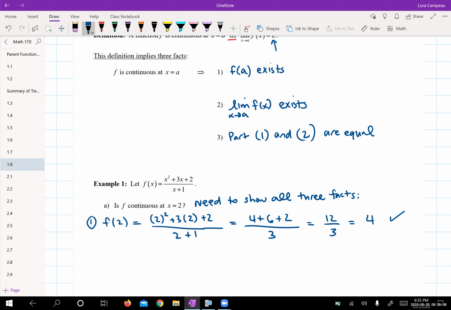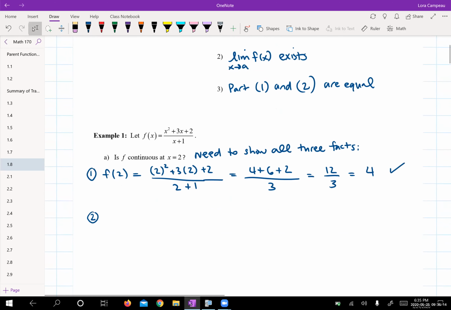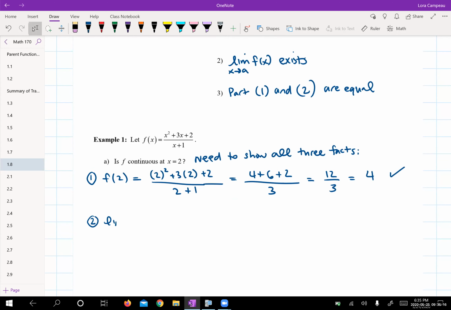Now, if we're looking at item number 2, we want to calculate the limit as x approaches 2 of our function. So I'll copy down the function x squared plus 3x plus 2 over x plus 1.